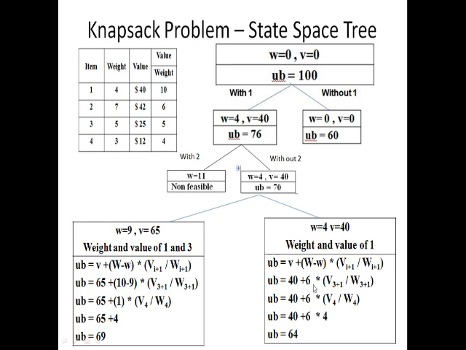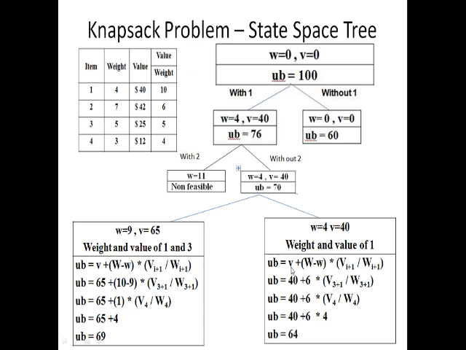Here, next, without 3. Without 3 means we have to consider only 1, without 2 and without 3. So, only first value and first weight alone should be considered. W equal to 4 and value equal to 40. Weight and value of 1 should be considered.